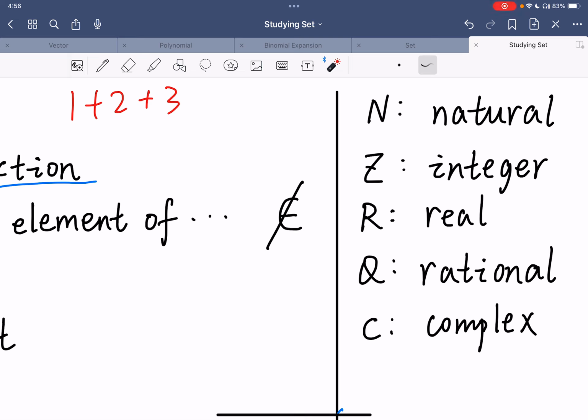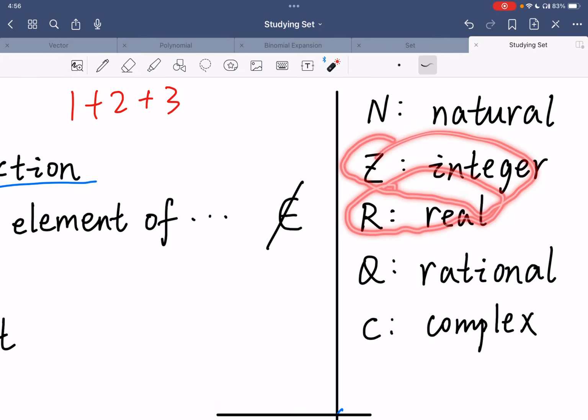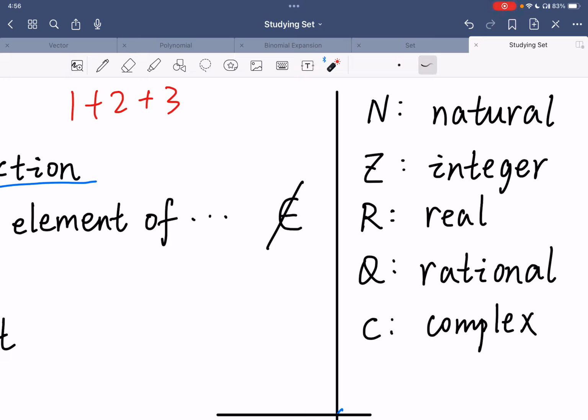Number 3, the letter R represents real numbers. That is simply saying this one is even larger than the integers. And the letter Q represents rational numbers.